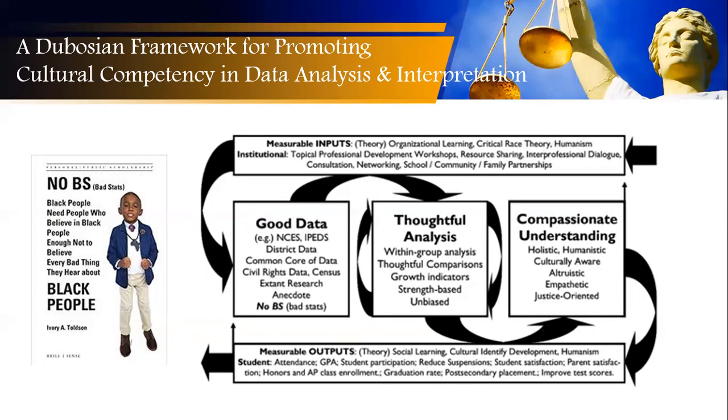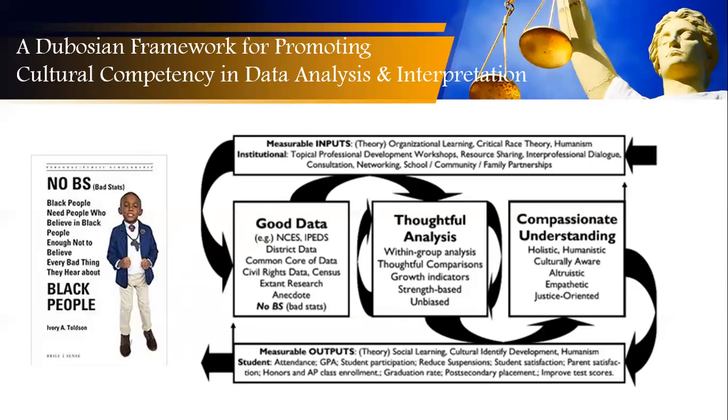We also need to think about growth indicators. As many of you may have seen in the literature, as you worked on your panel presentations and this project, there's an overemphasis on risk factors and not enough emphasis on protective factors. And so we need more indicators of growth and of protective factors to help us better understand solutions.